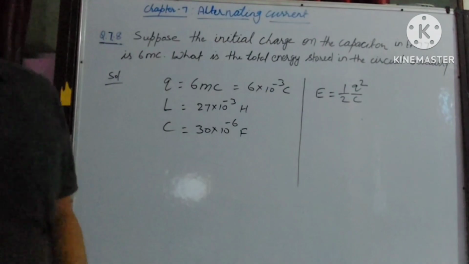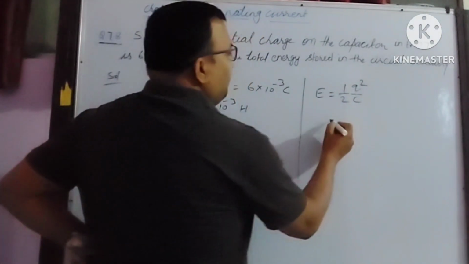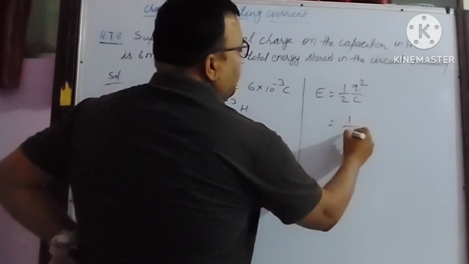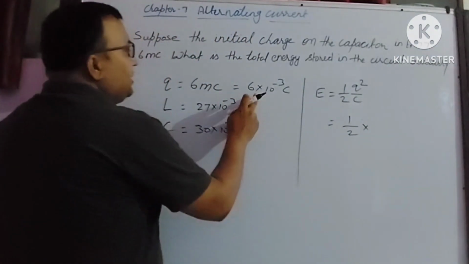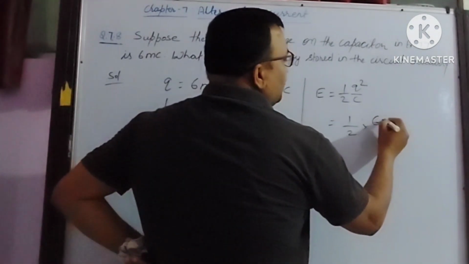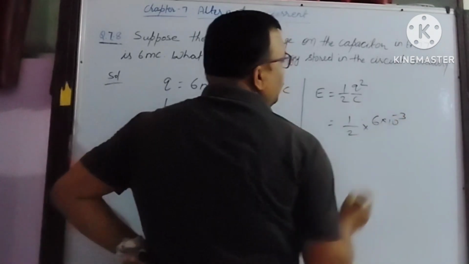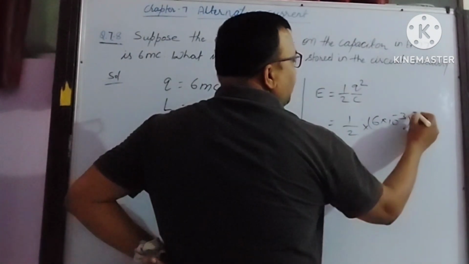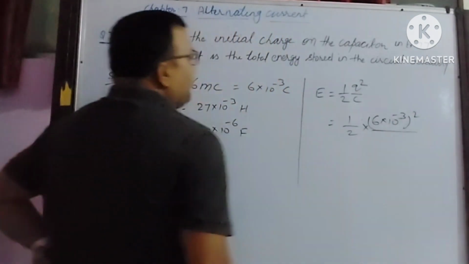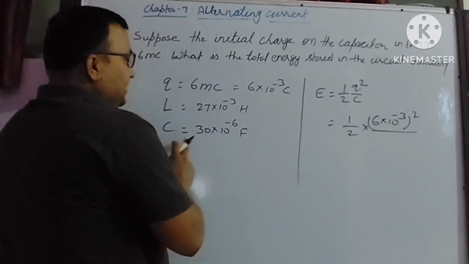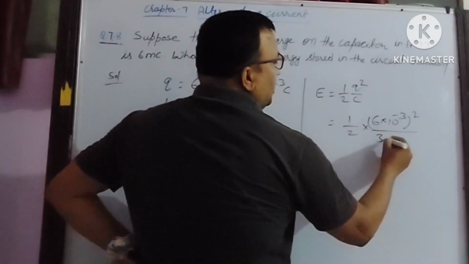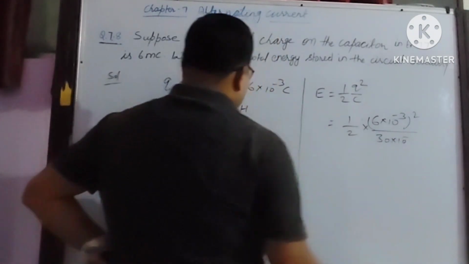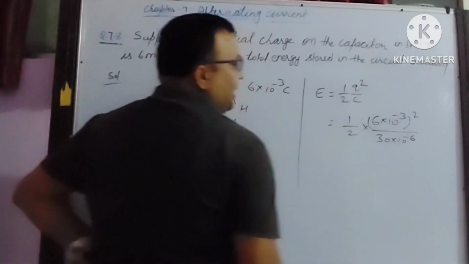What you have to do is just put the values here. First I will write 1 by 2 into the Q value, 6 into 10 to the power minus 3. A square is there, so I will square this, divided by C, that is 30 into 10 to the power minus 6 Farad.